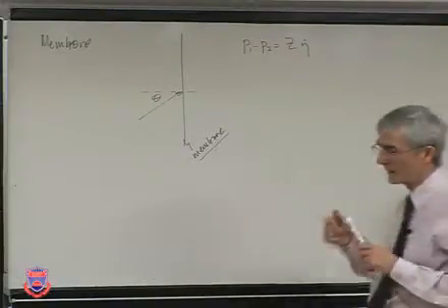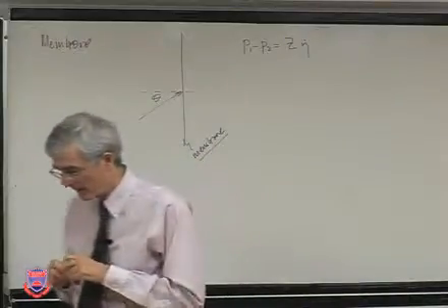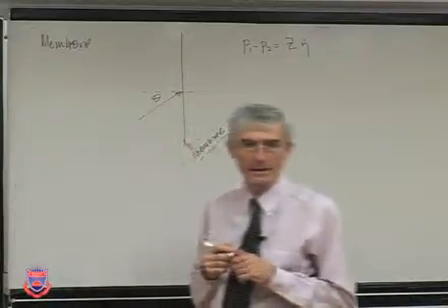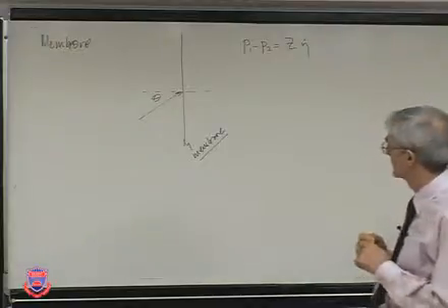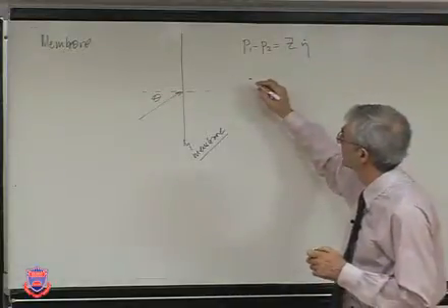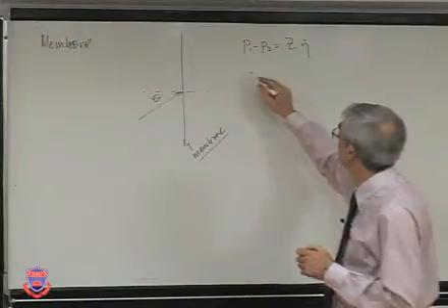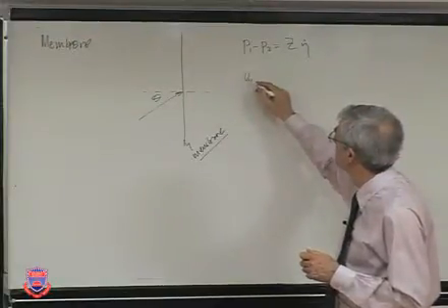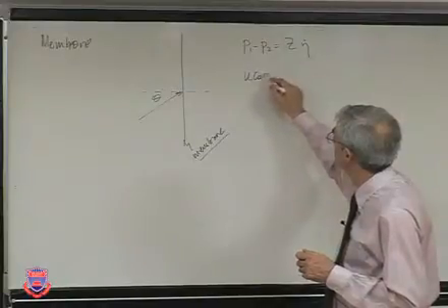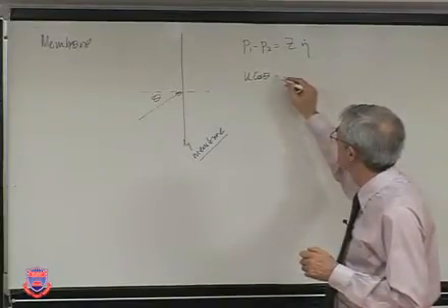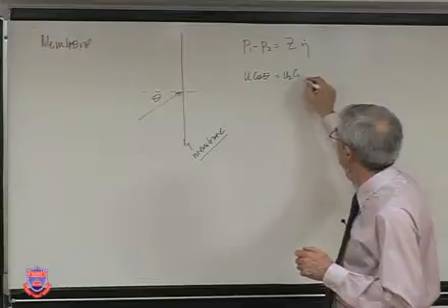Now, what else do we know? The velocities are continuous. Velocity is continuous. And how do we express that? U1 times cos theta 1 equal to U2 times cos theta 2.